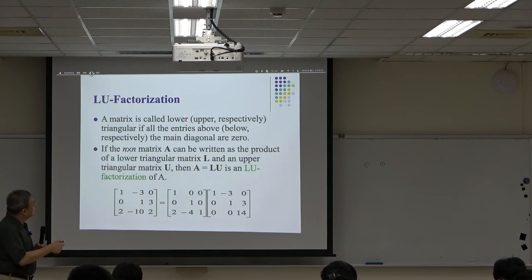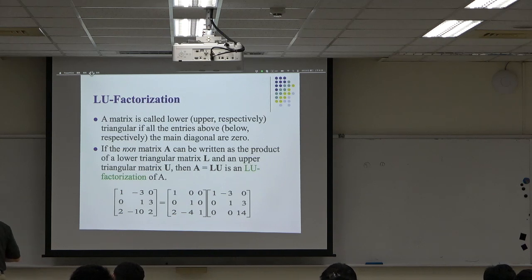Let's say lower triangular if all the entries above the main diagonal are 0. The lower triangular just means something like this. You have something here, but all the elements above the diagonal are 0.